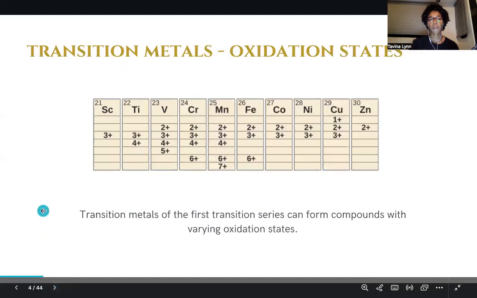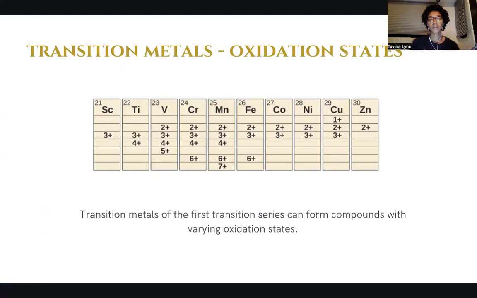The reason that they are these shapeshifters is because many transition metals can form compounds with varying oxidation states.